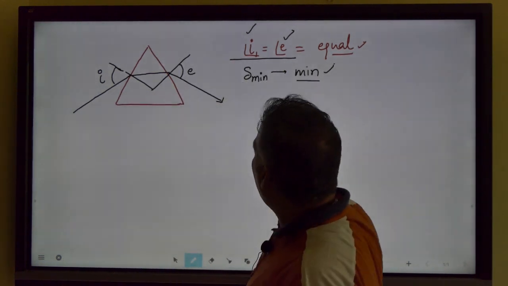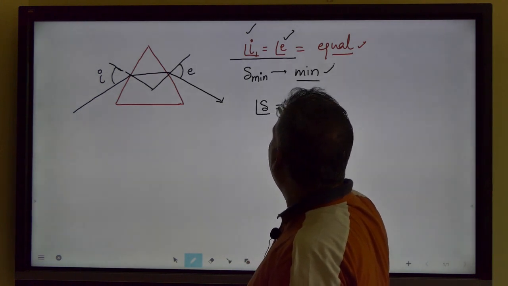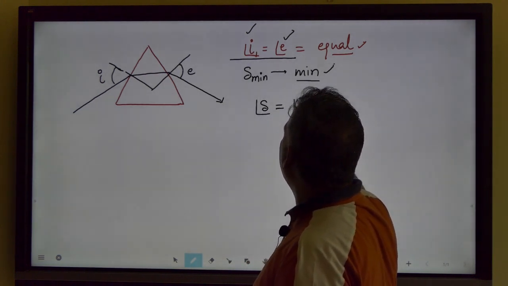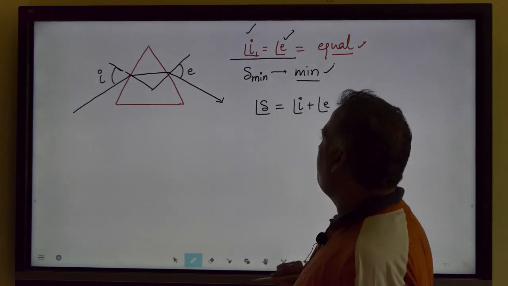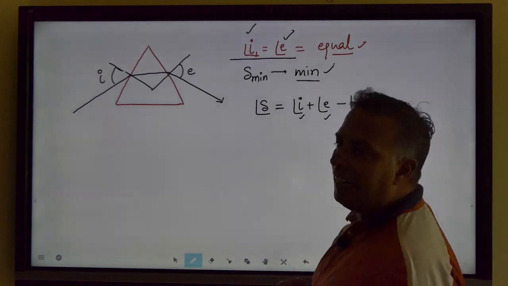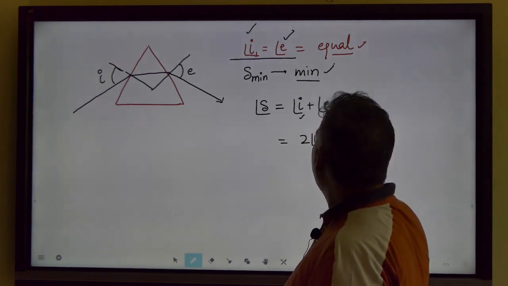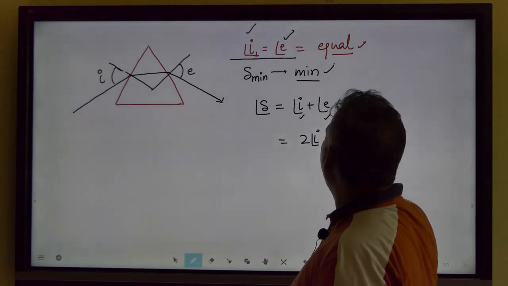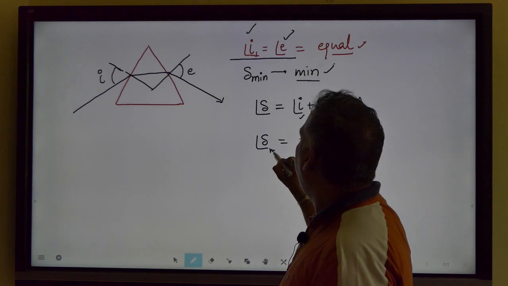Angle of deviation was equal to angle of incidence plus angle of emergence minus angle of prism. Now these two angles are equal, so you can take it as 2i minus angle of prism, that is the angle of deviation.